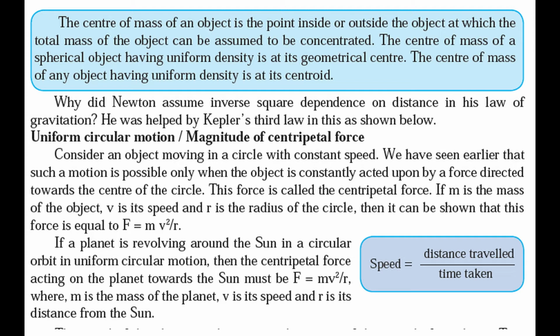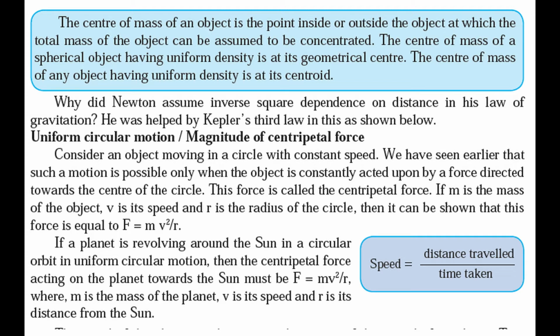If m is the mass of the object revolving and v is its speed at radius r of a circle, then we can show that this force is F equal to m v square divided by r.